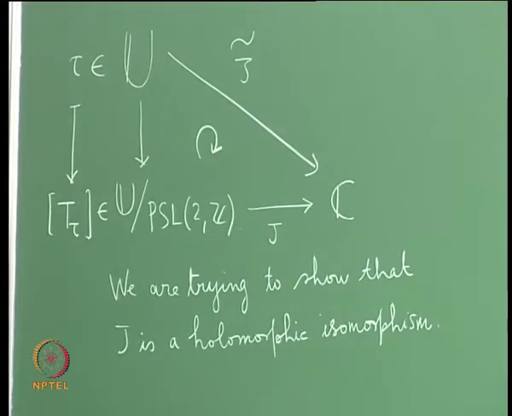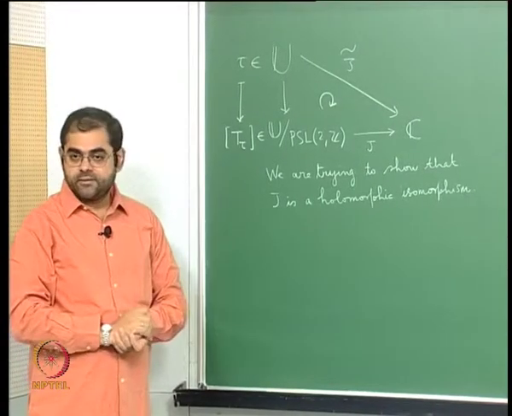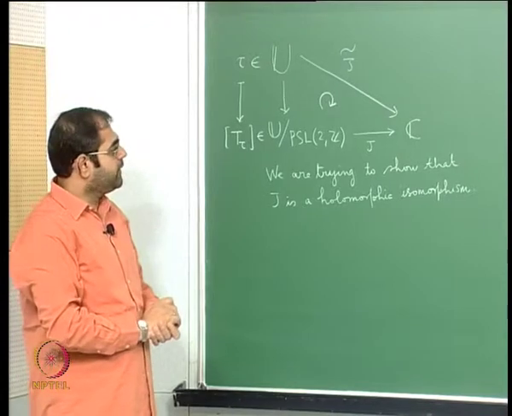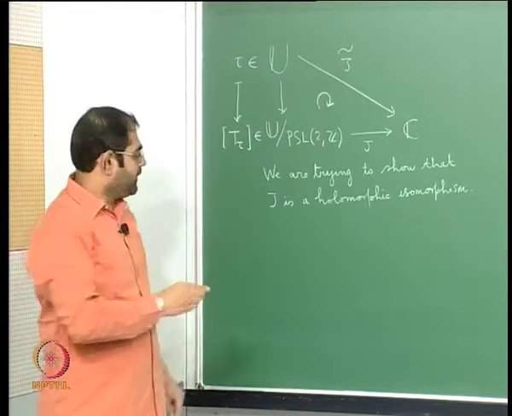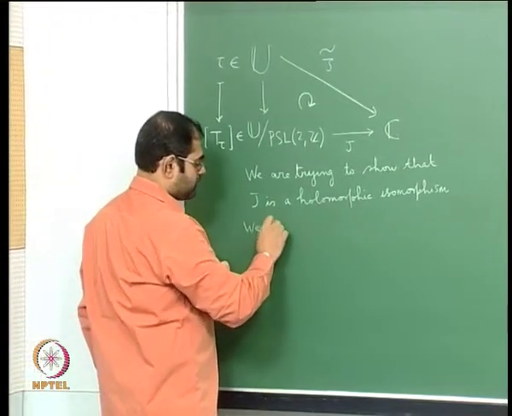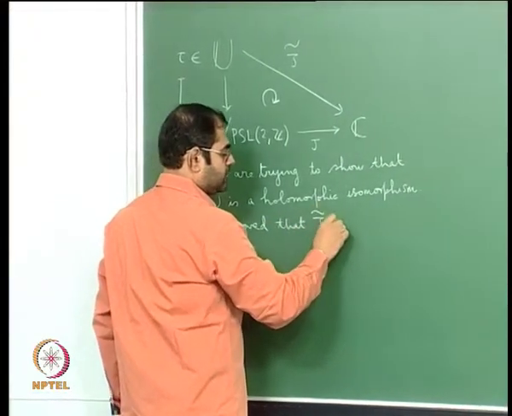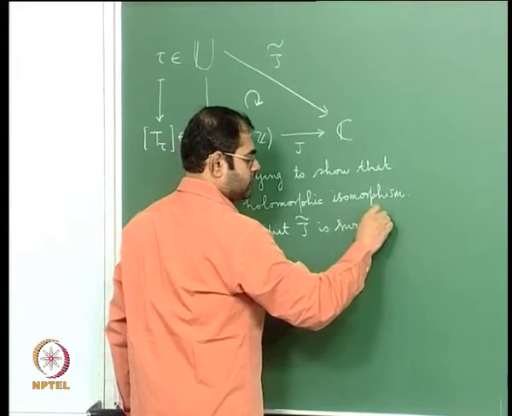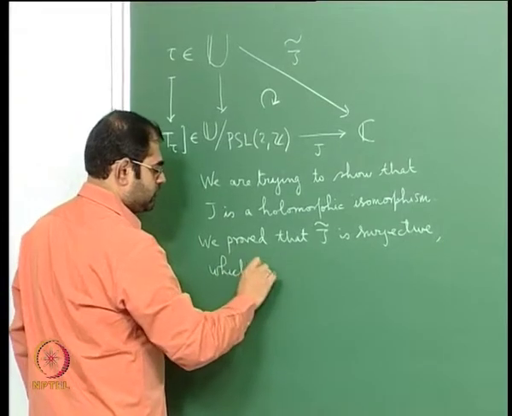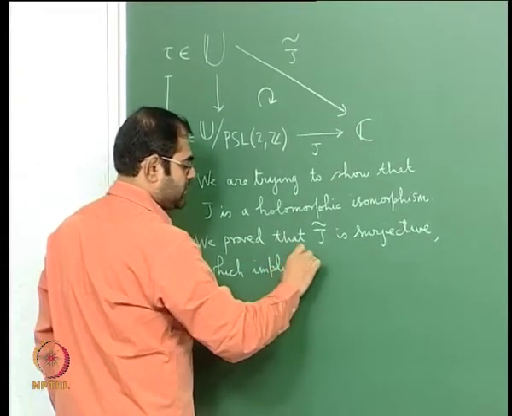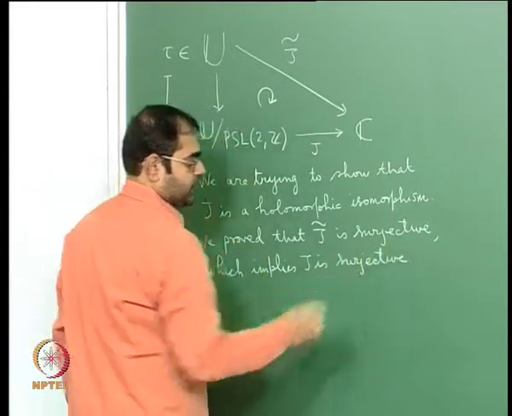So I have to prove J is injective and surjective, and as I told you, the easier part is to show that J is surjective, and we did that last time by proving that J tilde is surjective. We have proved that J tilde is surjective, which implies J is surjective, okay.